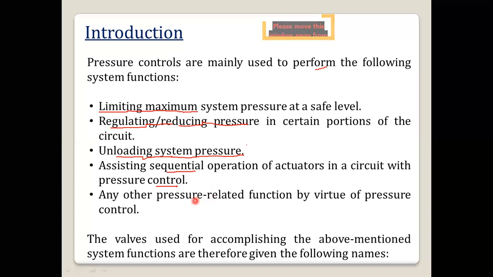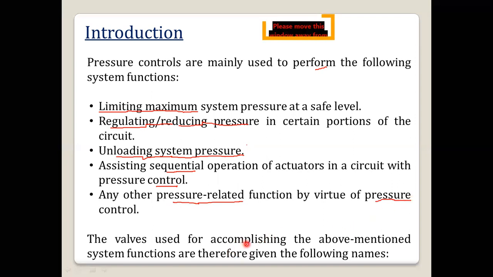Okay. So any other pressure related functions by virtue of the pressure control. Wherever we want to control the pressure, there we can use the pressure control valves.